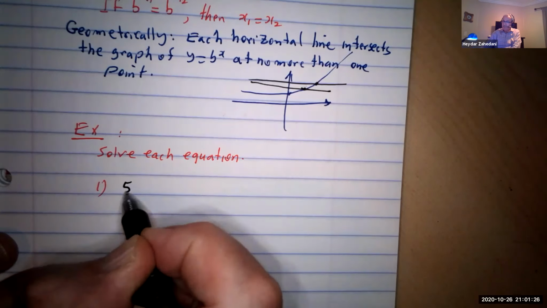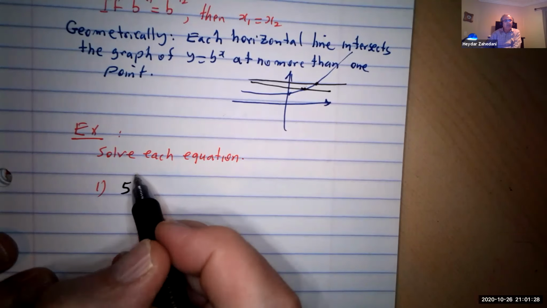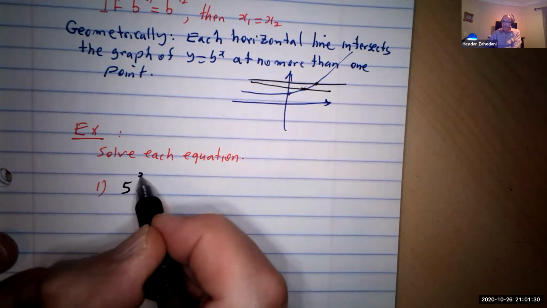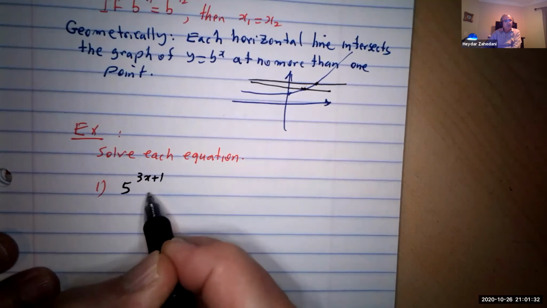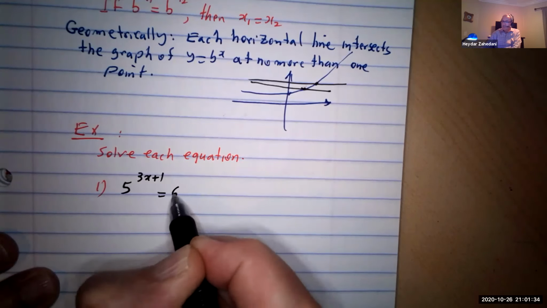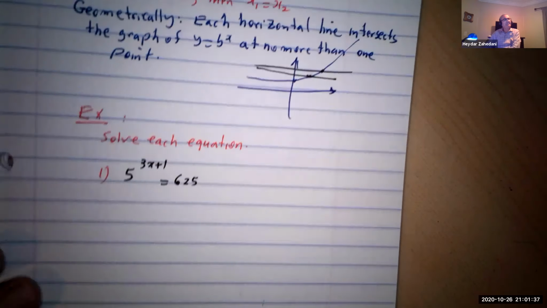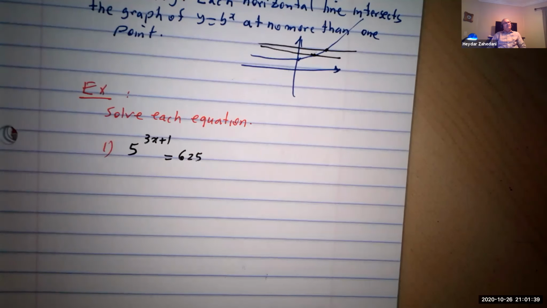It's going to be 5 to the 3x plus 1, which is equal to 625. Remember, there are some other methods to do it, but now let me just explain it for you.